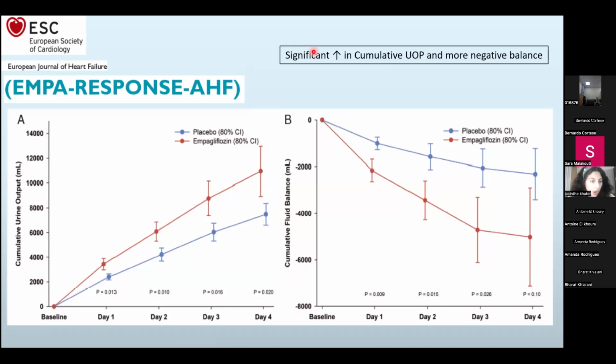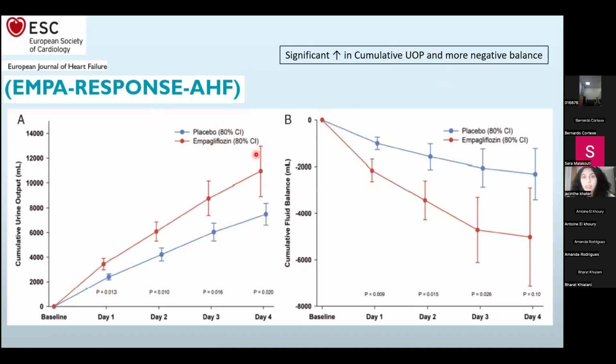So here, we were seeing the cumulative urinary output because we were also trying to see the nephroprotective effect of the SGLT2 inhibitors. What do you say, nephroprotective effect? This is a diuretic effect, I think. If the outcome here is a cumulative urine output, this is a diuretic effect.